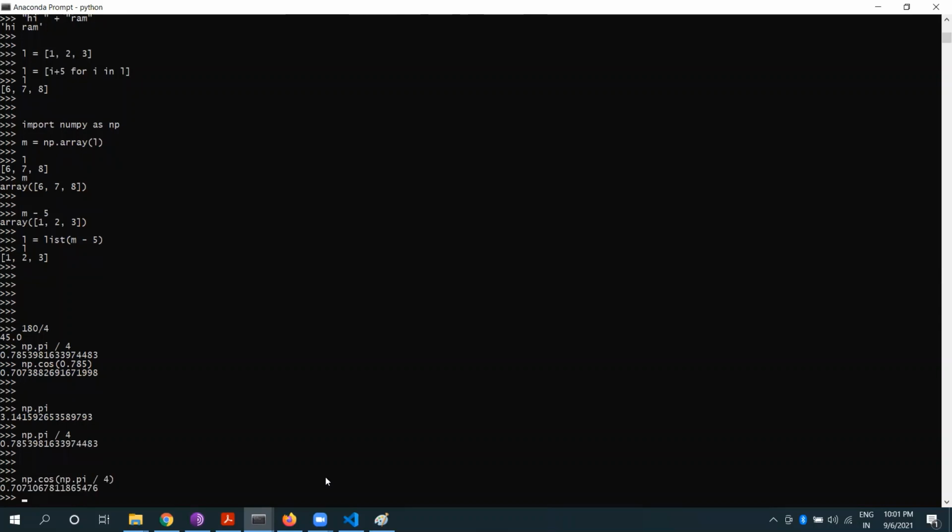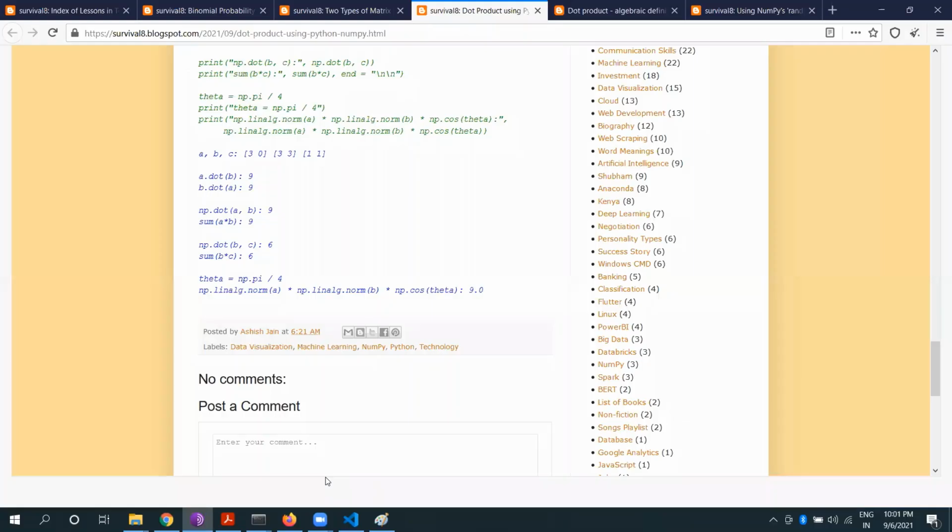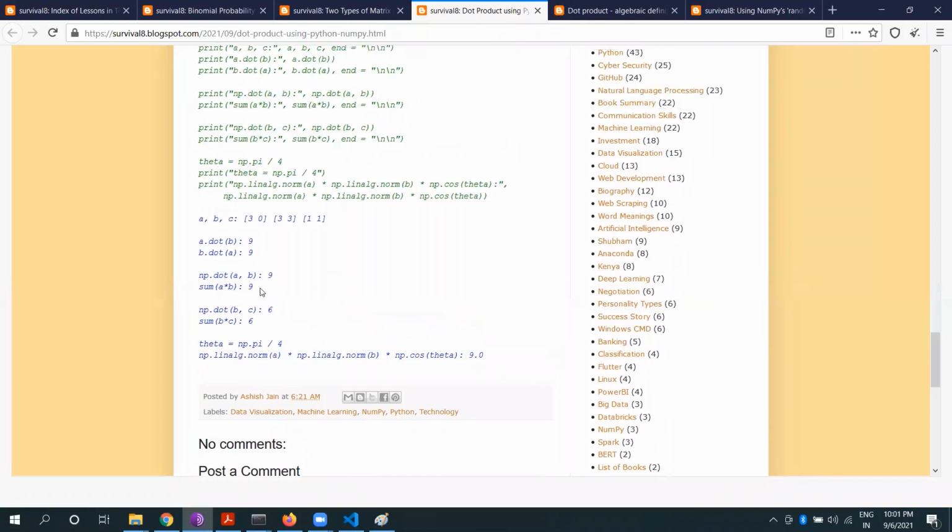No, I'm not asking about the formula. Just go back to the block. What we are doing, we are using two methods. So yes, both are giving the same results. You are seeing np.dot, 9. Mod of a, mod of b times cos theta equals 9, as we are seeing over here.